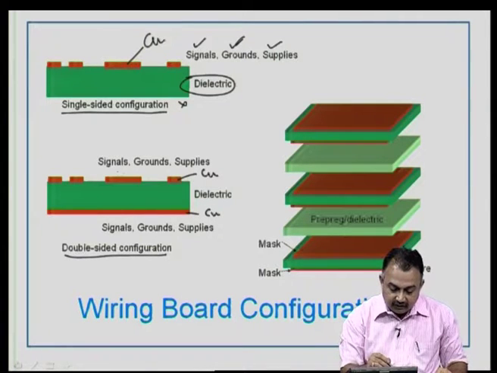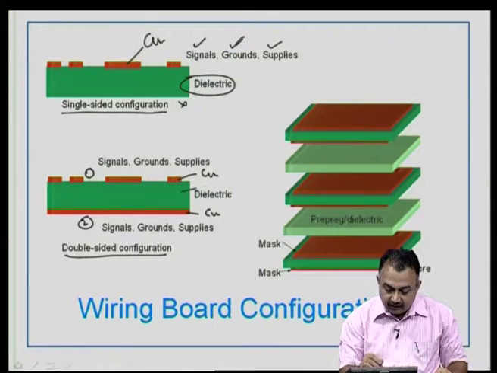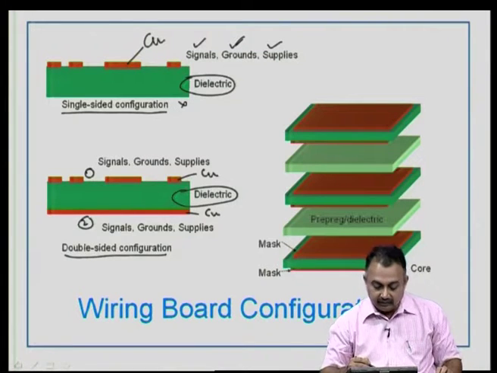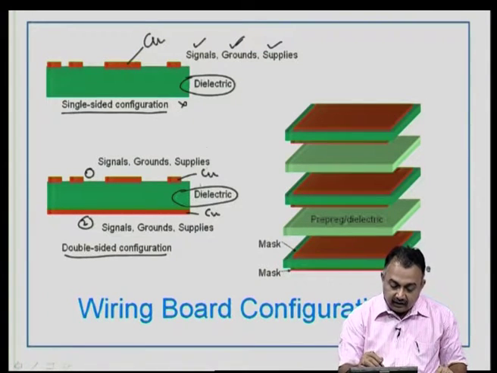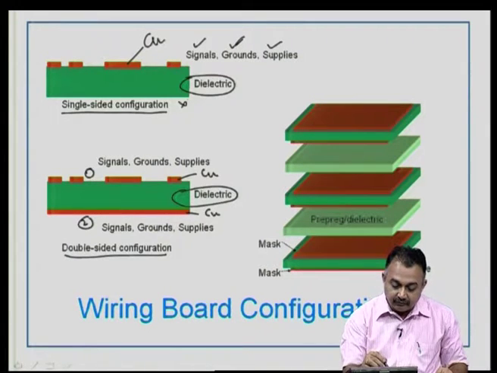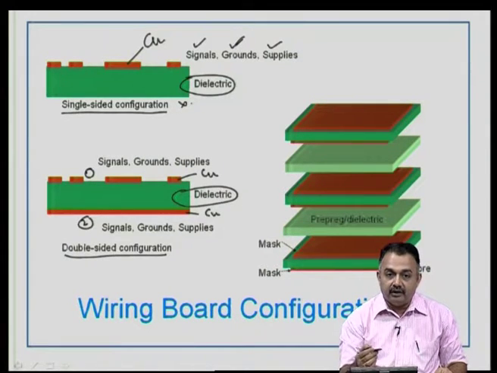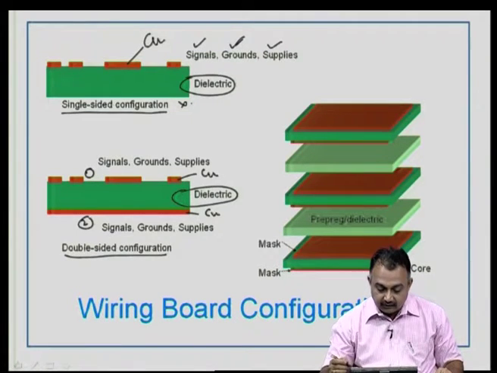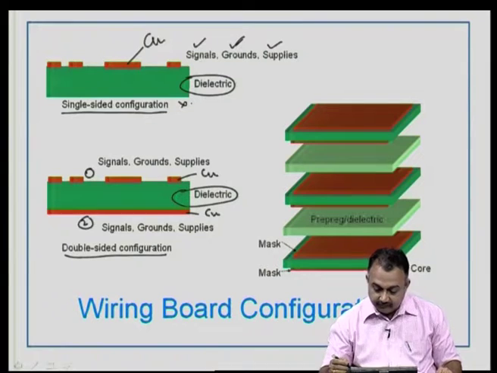You can have signal, ground and supplies at the top as well as at the bottom, and this is your dielectric material that separates the two conductor layers. The thickness of the dielectric is very important in determining the electrical performance. It can vary from 0.8 mm through to 3.2 mm. We will see about those things when we come to fabrication.